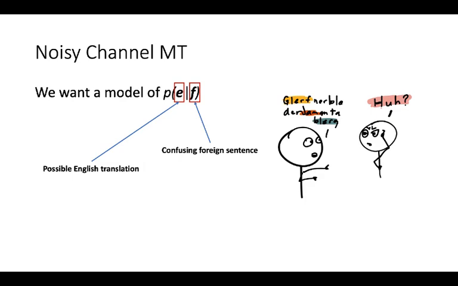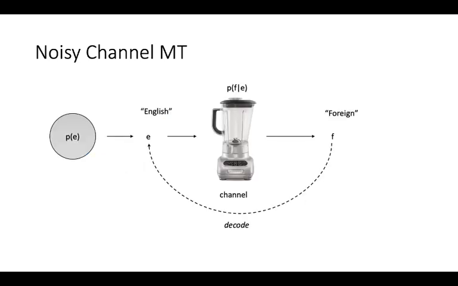And the noisy channel basically means that you have a language model. The language model P of E is trying to estimate the probability of a grammatically correct sentence E. For example, you have a sentence E that is sampled from the probability distribution of E, and then it goes through some noisy channel conditional on E. You can output a foreign language.